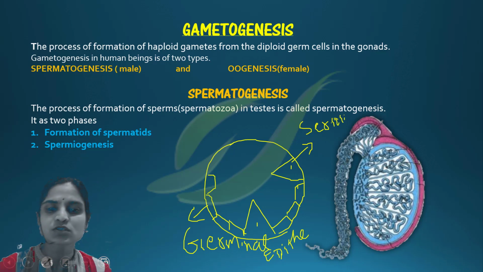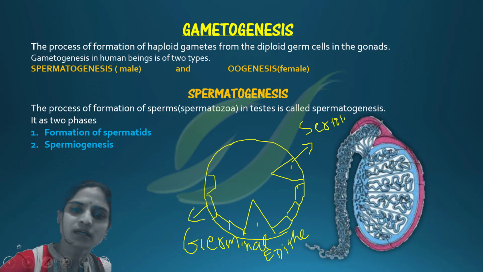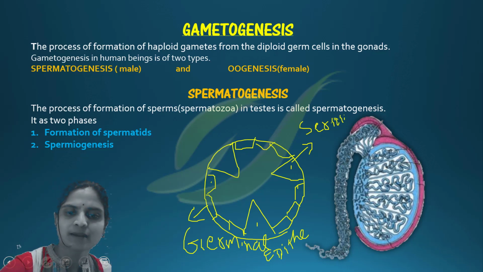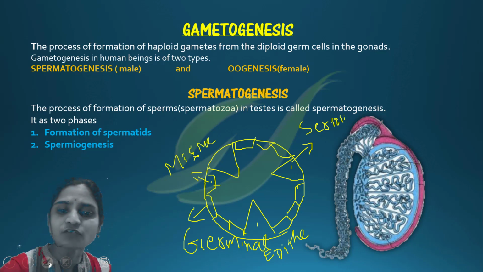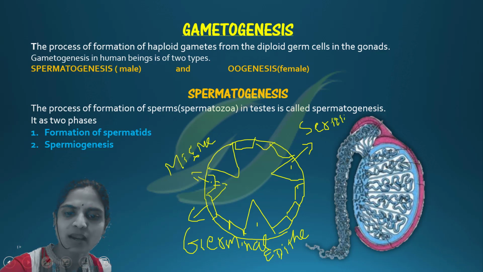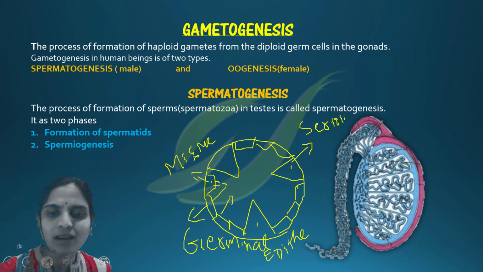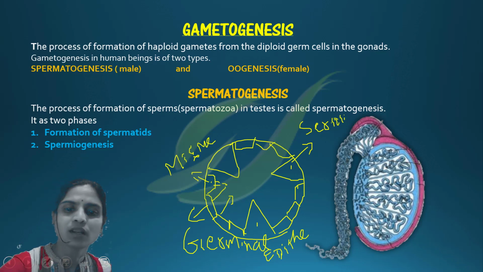As we have already discussed, the germinal epithelium cells undergo mitosis and meiosis divisions, which later produce the sperms.